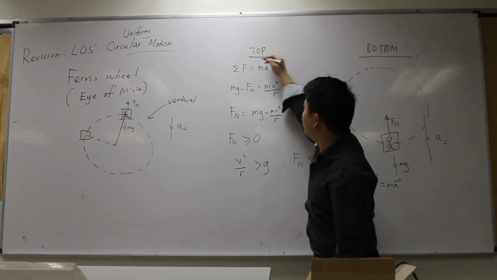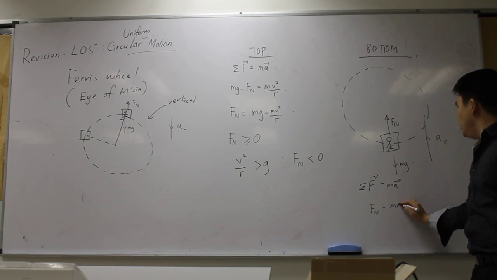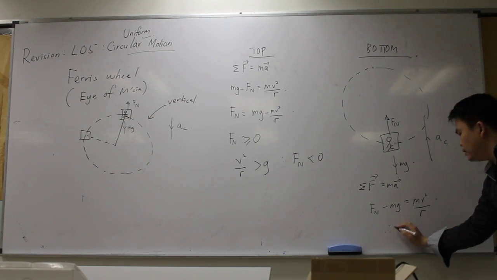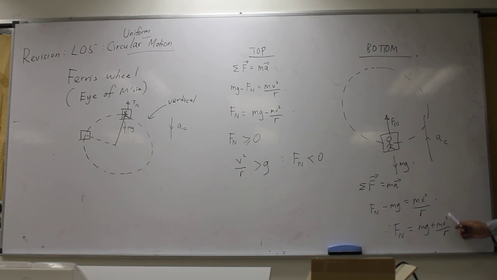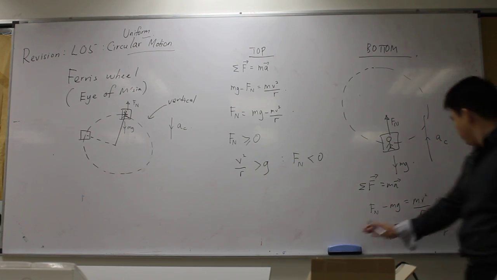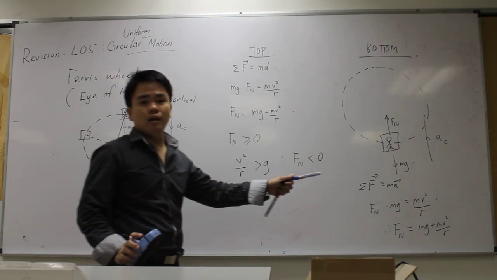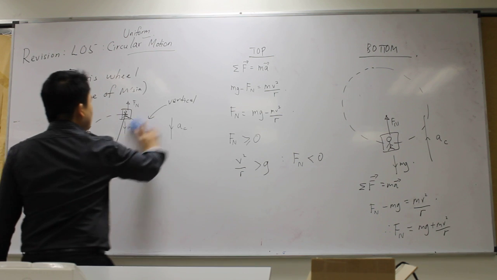Then we use Fn minus mg equal to mv squared over r. Hence, Fn equal to mg plus mv squared over r. So, mg is positive, mv squared over r is also positive. So, all the time Fn is positive. So, there is no limit unless you feel uncomfortable due to the very fast speed. But in terms of physics or mathematics here, it is fine, no problem.